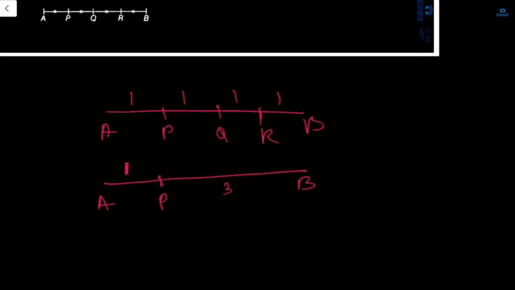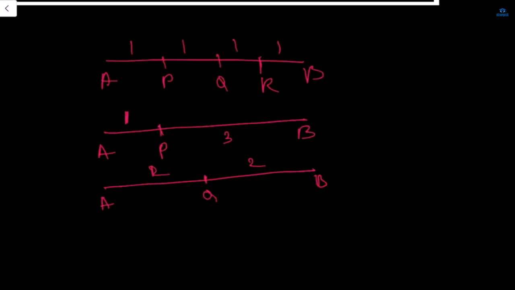Now if I take Q and here B, 2 sections are here, and 2 sections are here also. So 2:2, you can say 1:1 ratio. If you write 2:2, it will be 1:1. So here now the ratio will be 1:1.